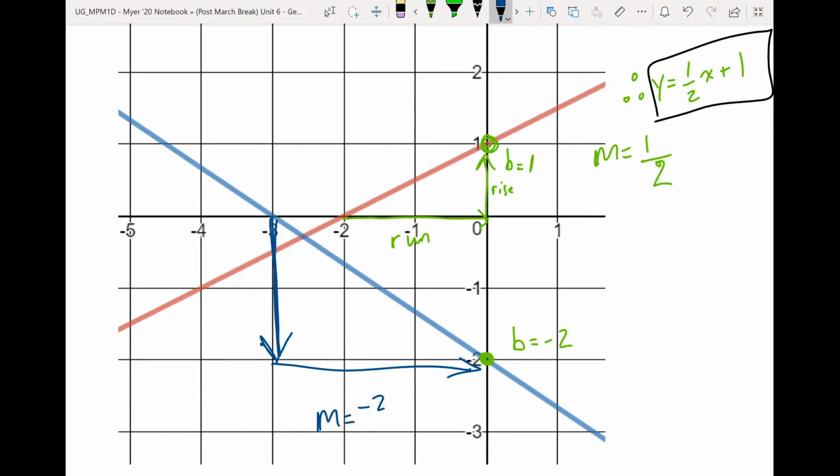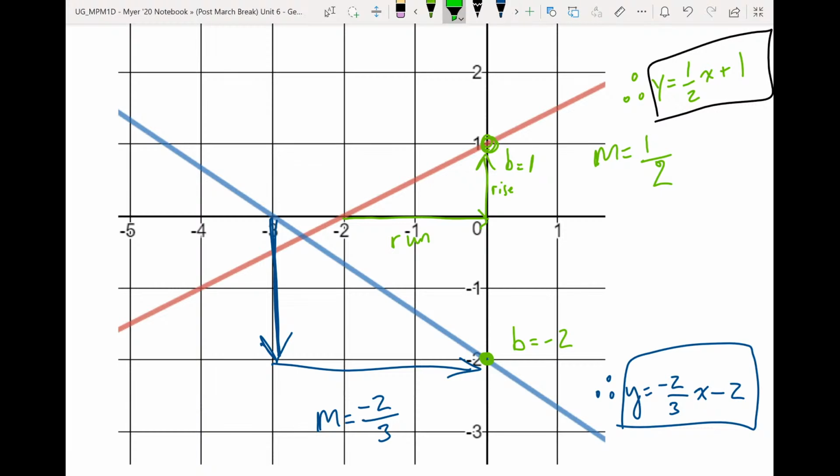So down 2 is our rise, which is -2, and our run is 3. So therefore, y equals -2 over 3 x minus 2. All right, so there's our two equations.